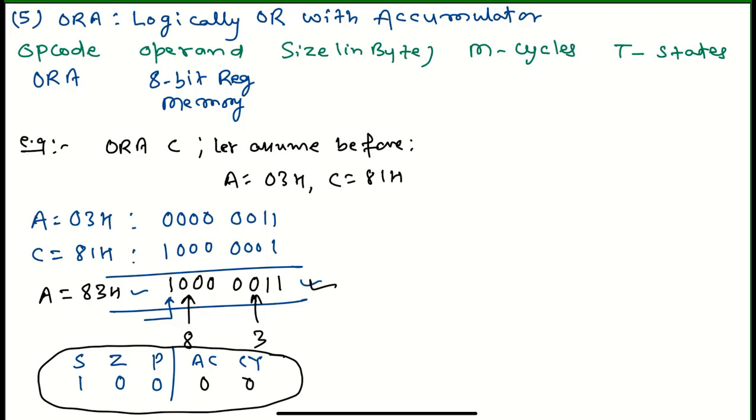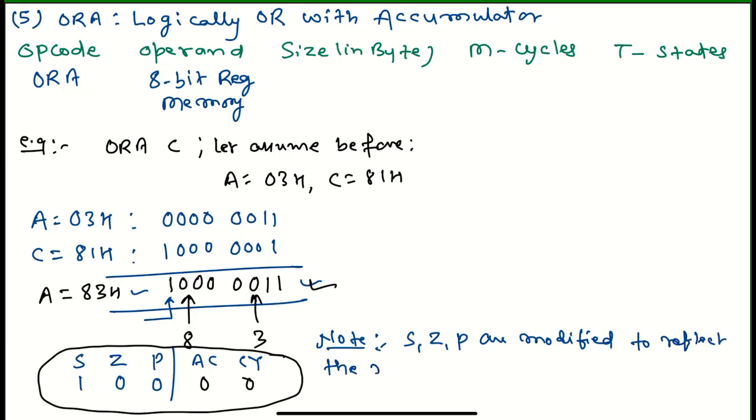In the notes about the flags we can note down that sign, zero, parity are modified to reflect the result of the operation, but the auxiliary carry will be reset, and the carry will also be reset irrespective of the result obtained.